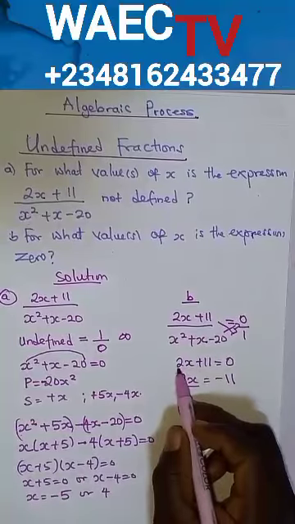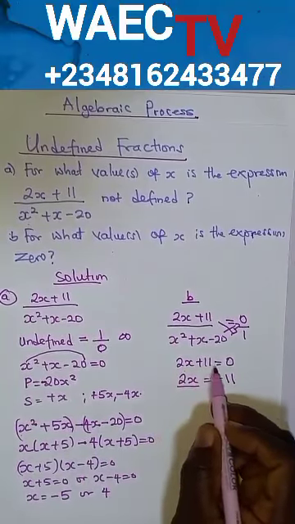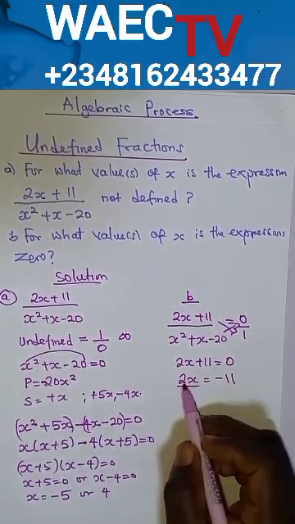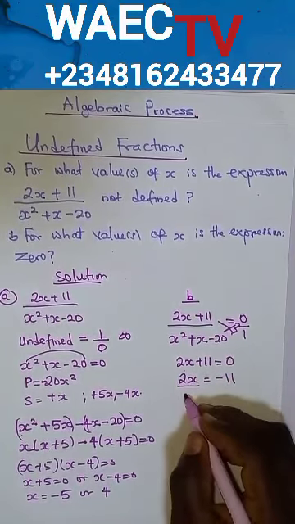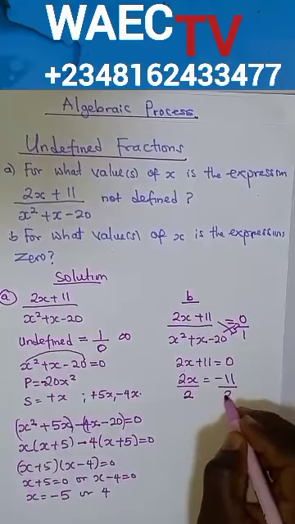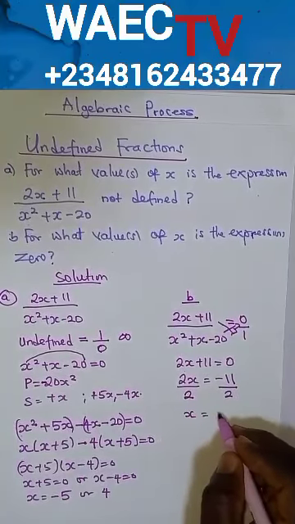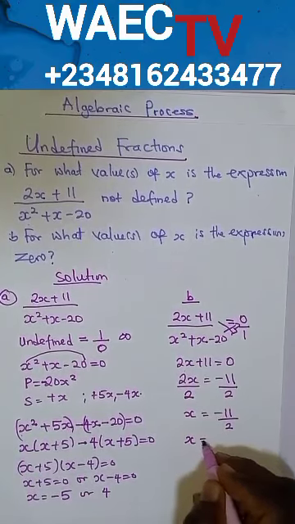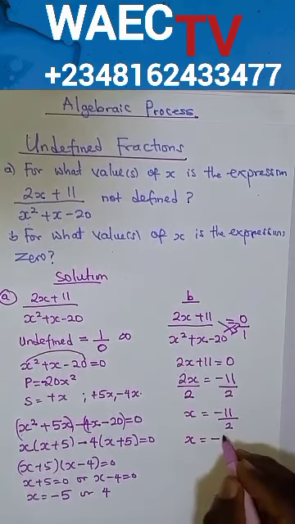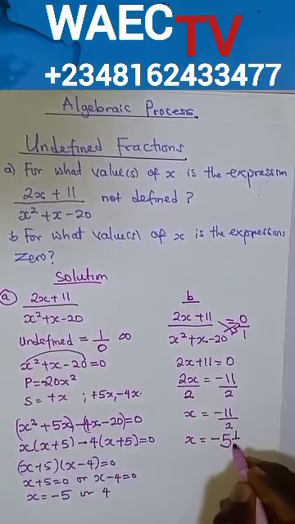From this linear equation, which is 2x plus 11 equals 0, collecting like terms, we have 2x equals minus 11. Dividing both sides by 2, we have x equals minus 11 over 2. And putting this in mixed fraction, we have minus 5 1 over 2.